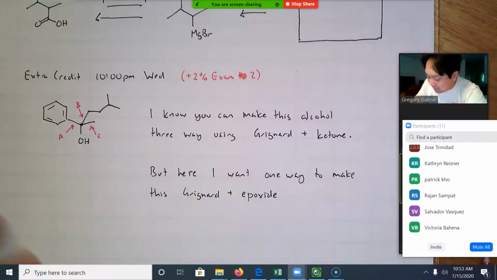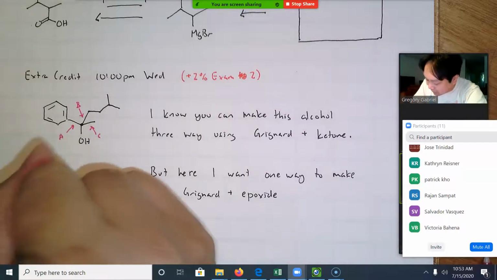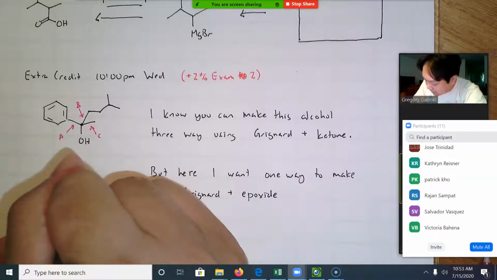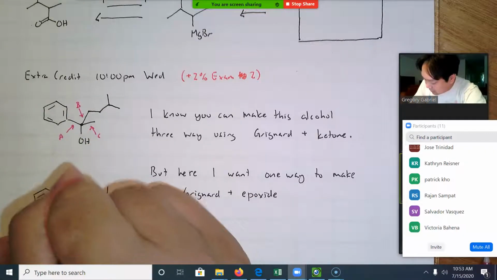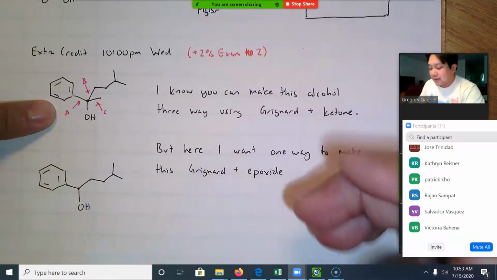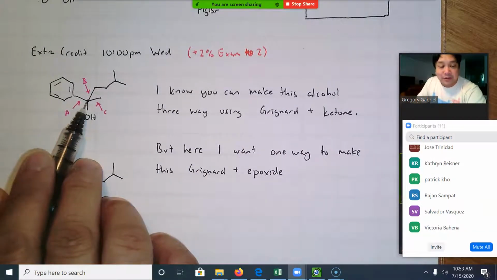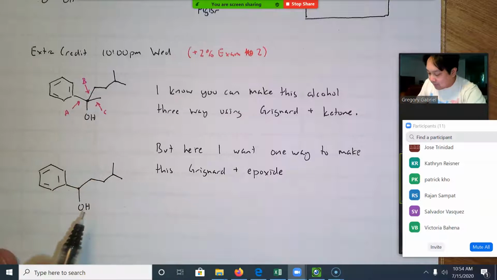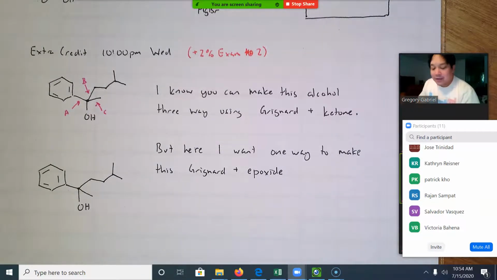So what are you doing? You're redrawing your target. I'm redrawing it because this analysis with the pink lettering is if I was going to attack a ketone, attack the carbonyl carbon, the dot. But here, what carbon would I be attacking to make this alcohol?